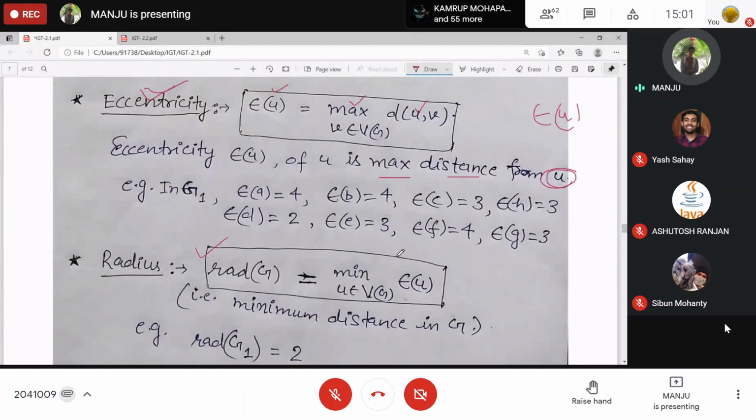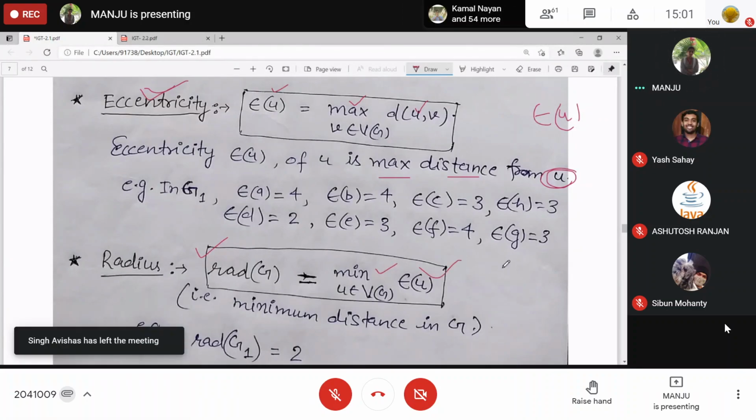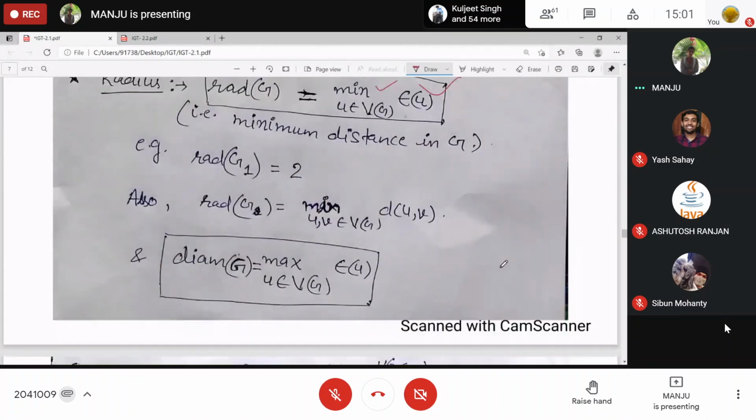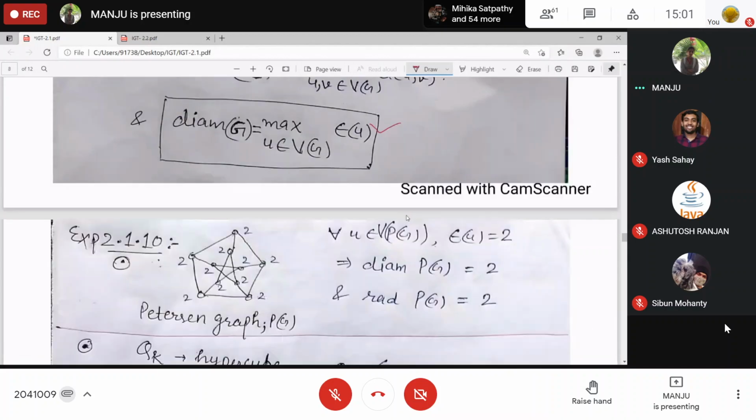Radius is defined as minimum eccentricity, and diameter is the maximum eccentricity of U. Now find the eccentricity of the Petersen graph.